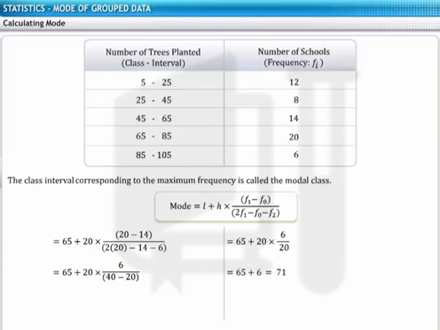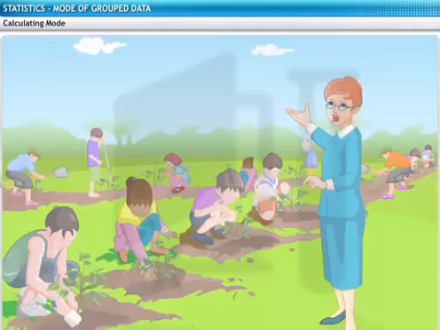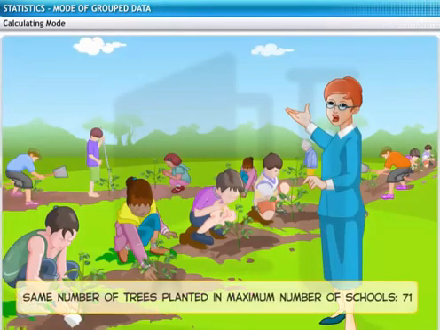The mode of a given data is equal to 71. Miss Greenfinger's problem is solved. The mode, or the same number of trees planted in the maximum number of schools, as per the given data is 71.